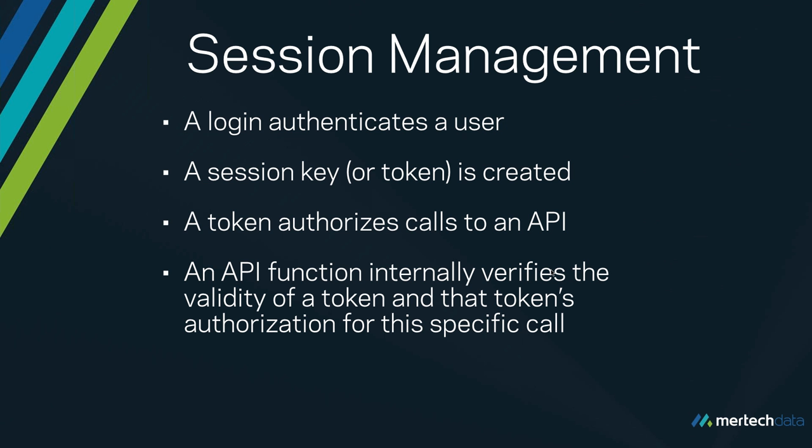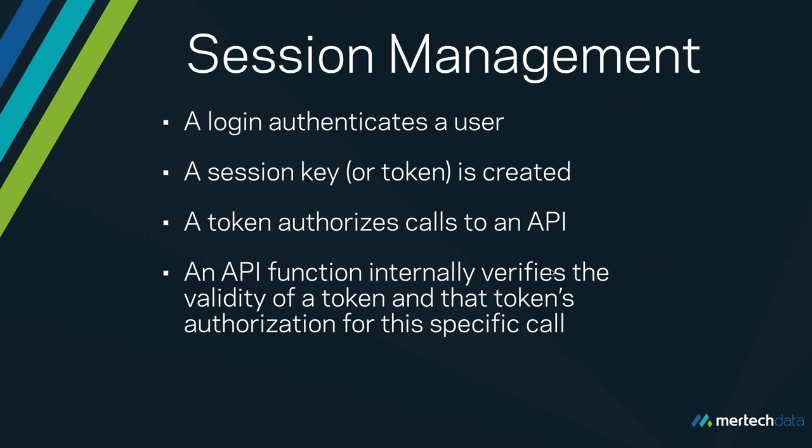The way we're going to be talking about sessions is a very specific means that's standard to a lot of business applications, which is related to a standard username and password login type session. In that case, a user is going to authenticate to the server. The server is going to return a session key or a token, and that token is what authorizes calls to an API.